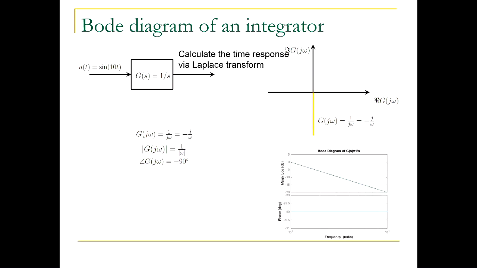When I'm dividing by something close to 0, the amplitude will be very large. So omega close to 0 would be points that go to infinity, right? And omega very large means that I'm dividing something by infinity, so I'm approaching 0. I'm still always on the imaginary axis, but the parametrization of omega is the opposite from the differentiator.